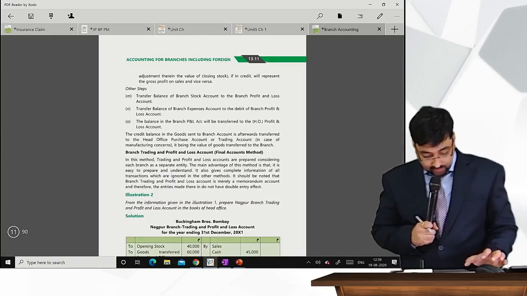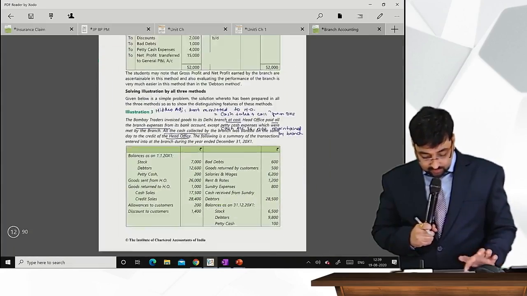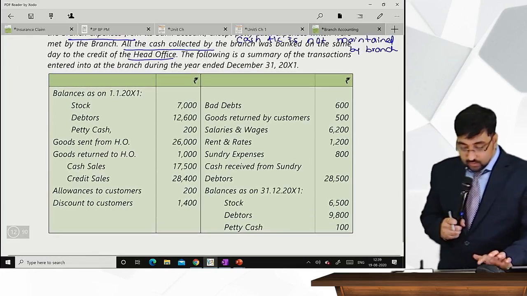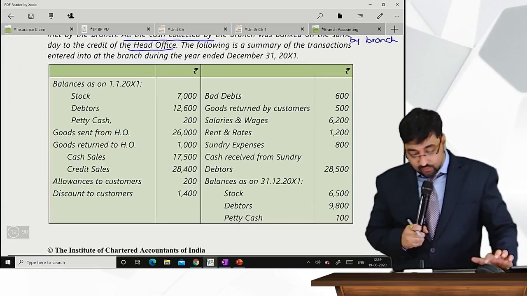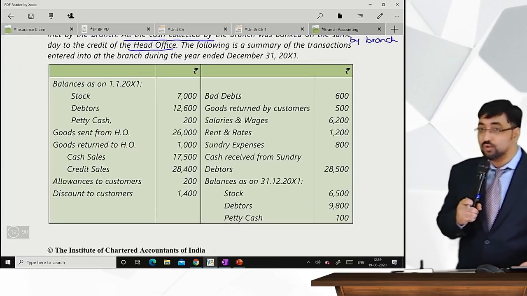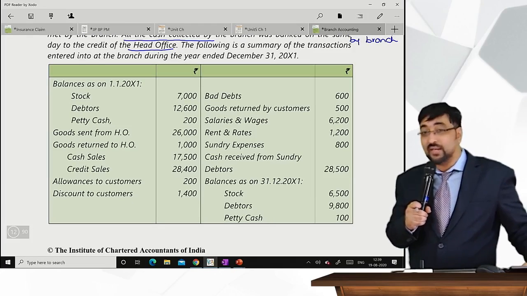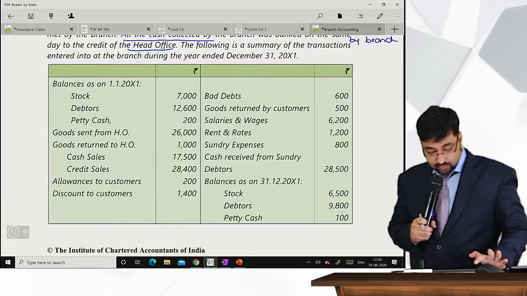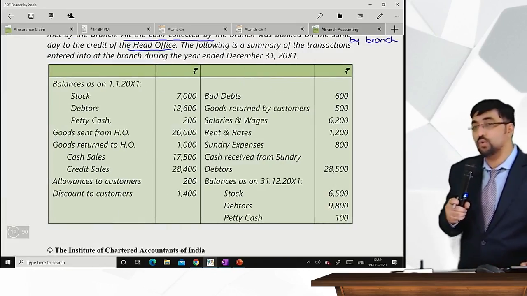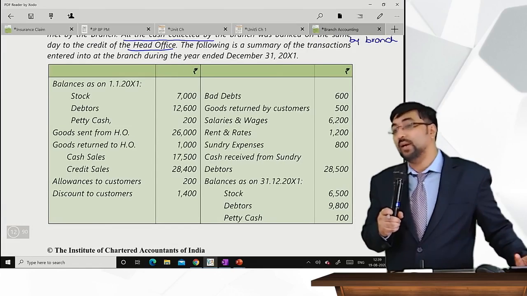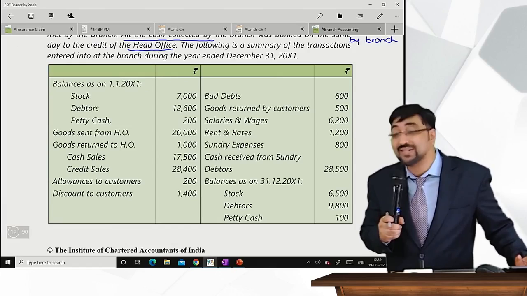Okay. So now this is very simple, and the Institute has given all closing balances. So nice of the Institute. So stock, debtors and petty cash are already given, so no need to open memorandum accounts, but we will open memorandum accounts only for cross tally purpose.